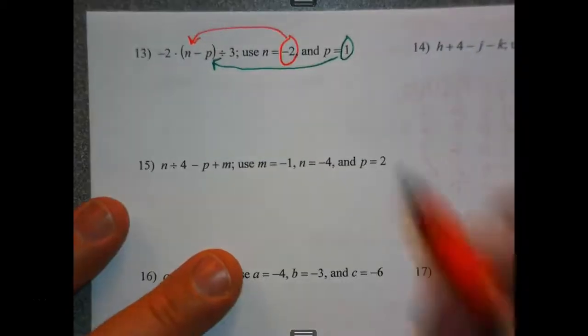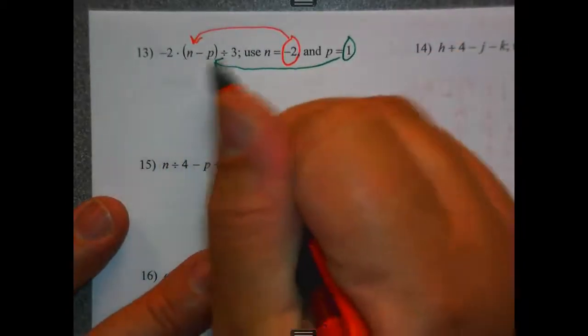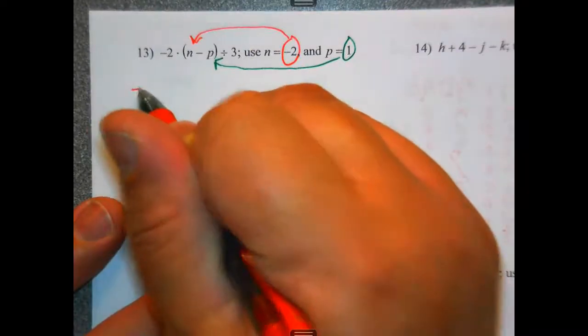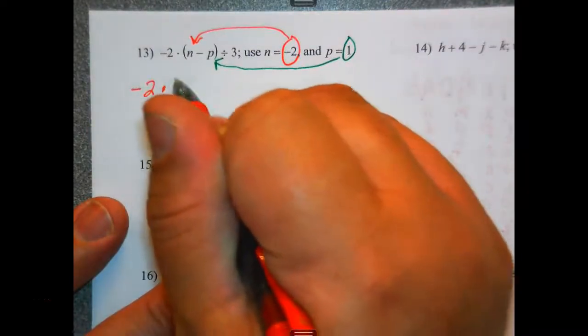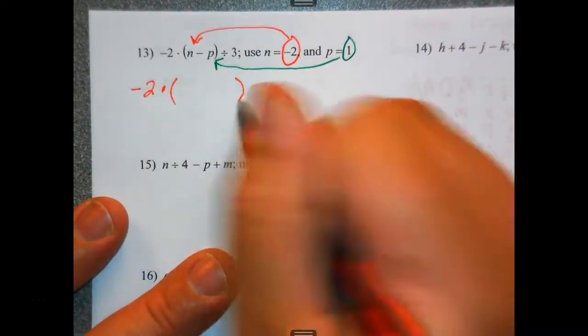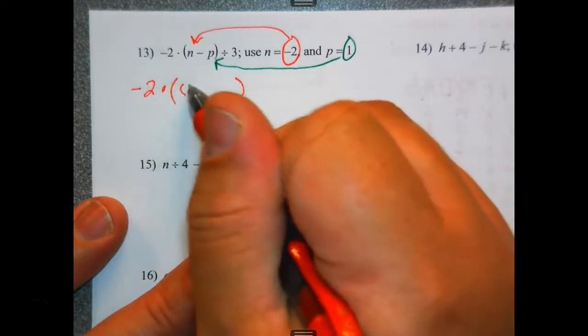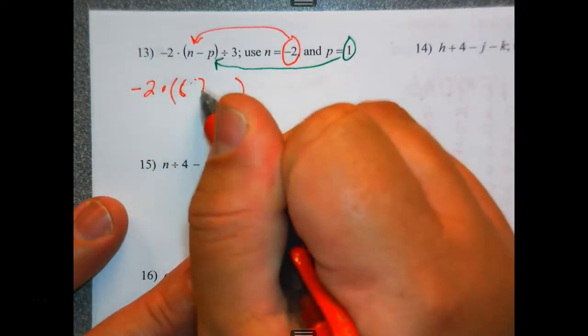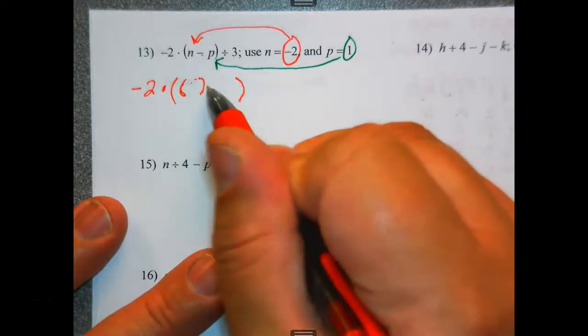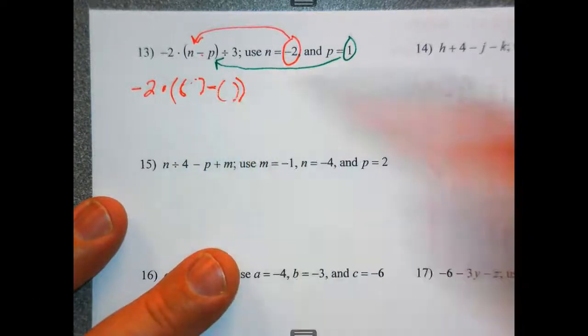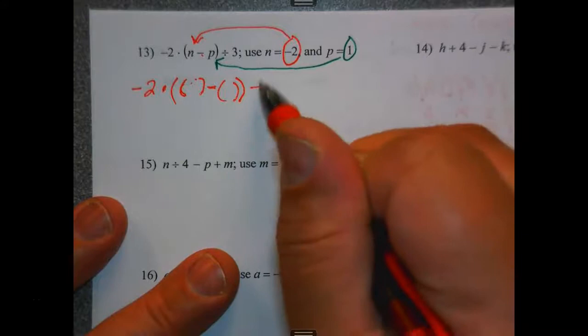Now I'm going to rewrite this, and for teaching purposes, I'm going to put my parentheses in. So -2 times, I have parentheses, and for the n, I'm going to have another parentheses, minus the p, I'm going to have another parenthesis, and then I have divided by 3.